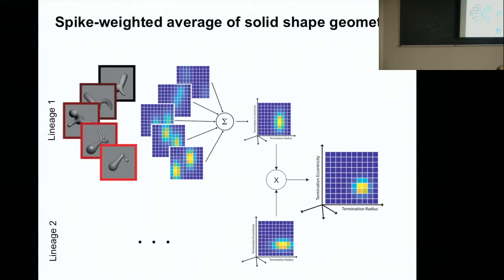And so we find those points in the space, we smooth them with a Gaussian, and we weight them by the response of the neuron to that stimulus. So this stimulus has a high weight, so it's going to contribute a lot of energy in regions that correspond to, say, the termination here, the termination here, and the termination here.